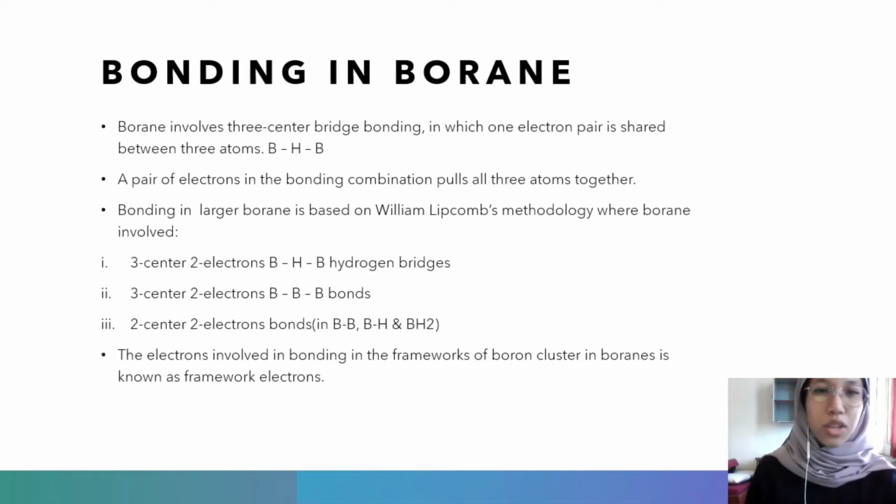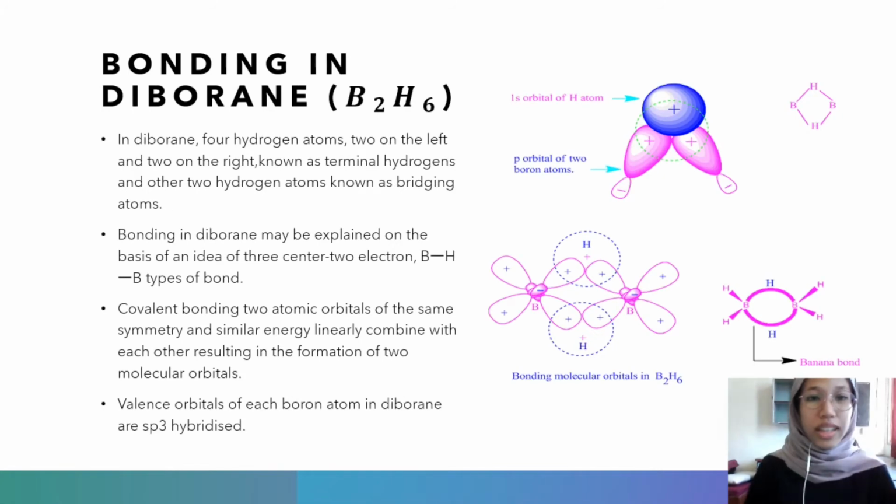Two of them are 3 center 2 electron and another one is 2 center 2 electron. I will explain more about these types of bonds in the next slide. The electrons involved in bonding in the frameworks of boron clusters in borane are known as framework electrons. Next is bonding in diborane, the simplest example to explain bonds that exist in borane.